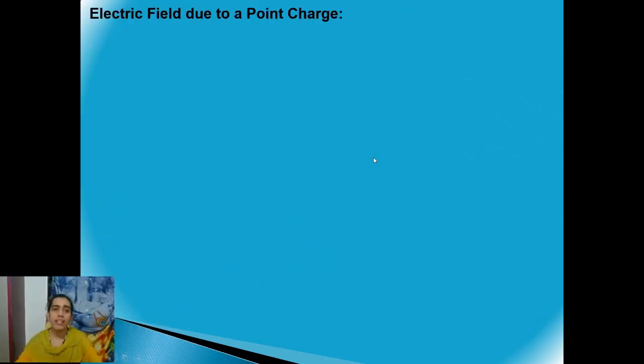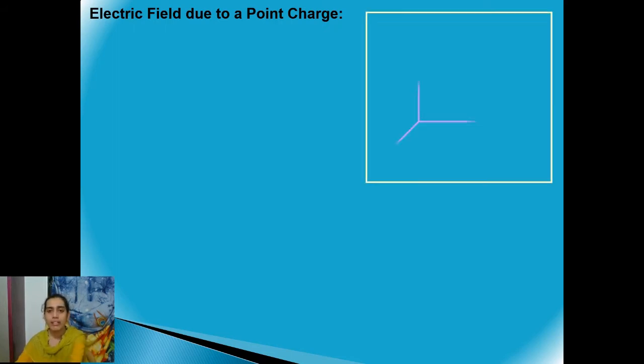Let's derive an expression for the electric field due to a point charge. I am just considering a simple example. Due to a point charge, what will be the amount of electric field generated? For that, let us consider a three-dimensional space with x coordinate, y coordinate and z coordinate.